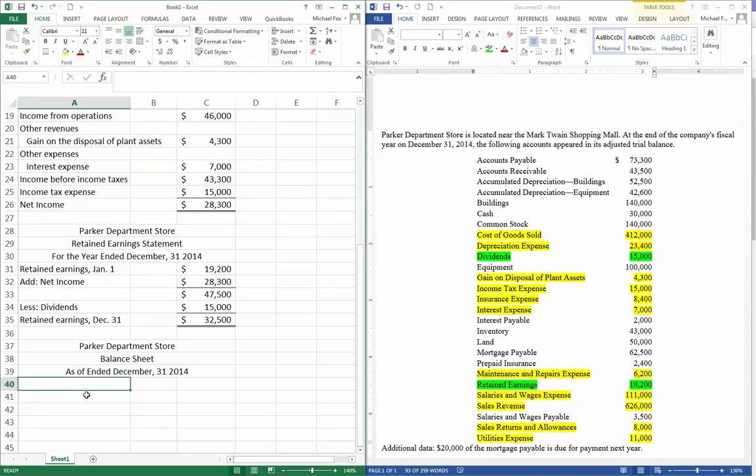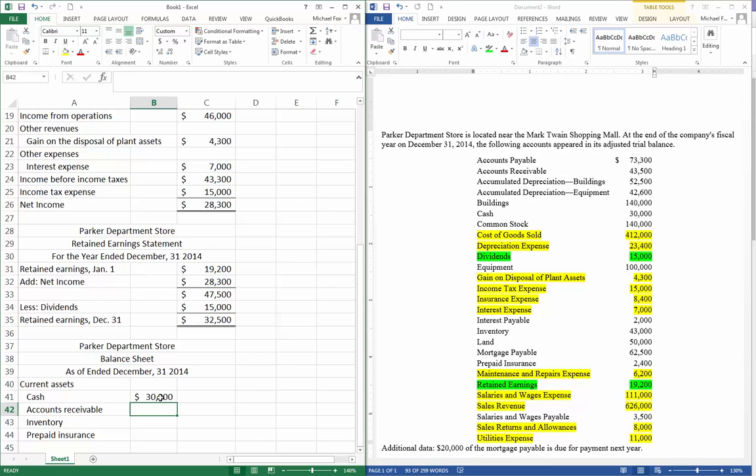All right, so we'll start with our current assets. Those will include our cash, our accounts receivable, our inventory, and our prepaid insurance. Let's see, our cash was 30,000.